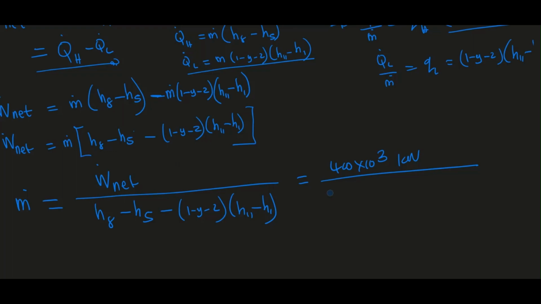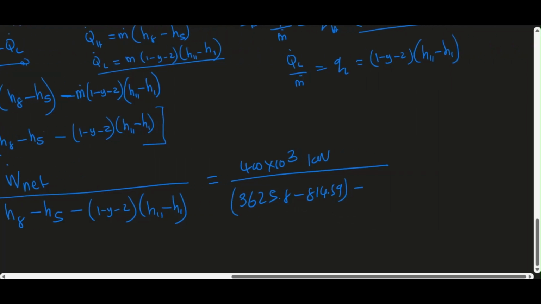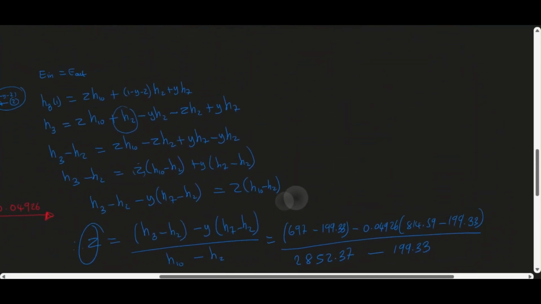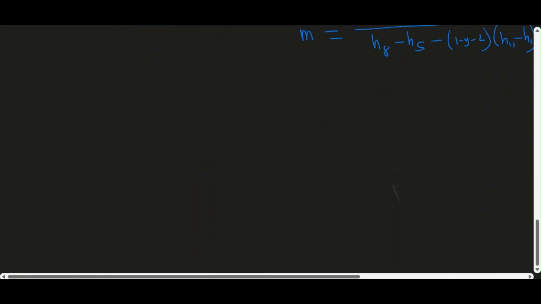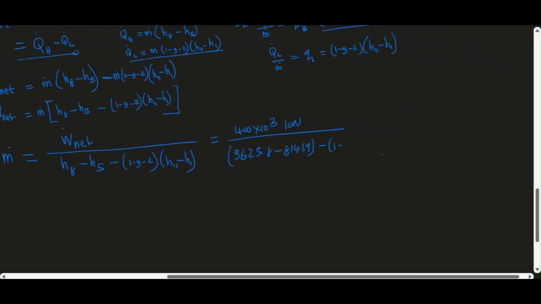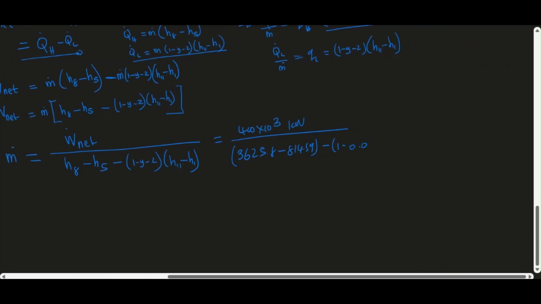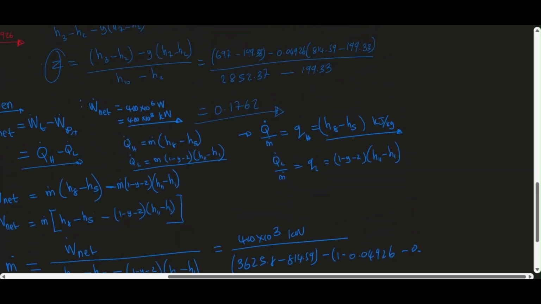I know h8 to be 3625.8, minus what is h5? h5 is 814.59, minus (1 minus what is y? I found y to be 0.04926, minus what was z?